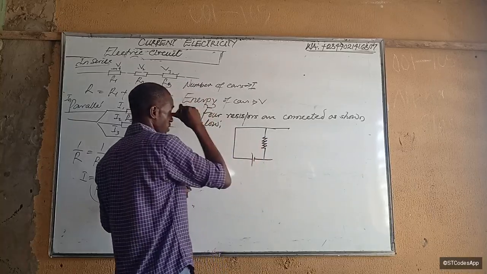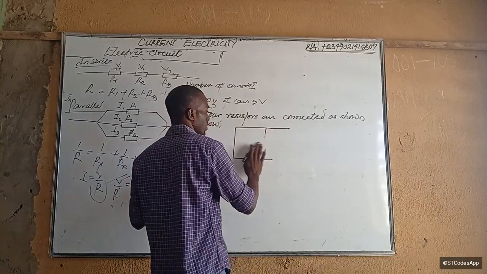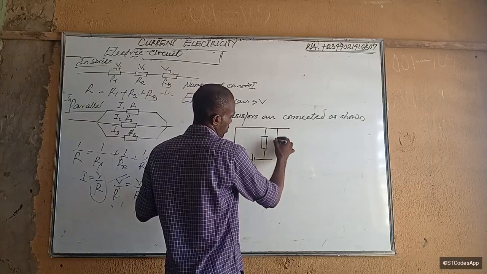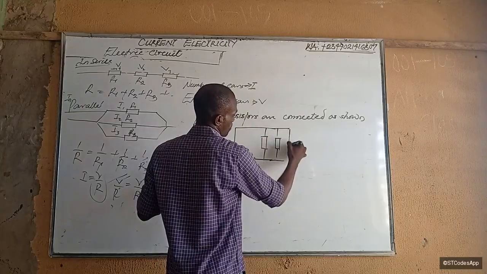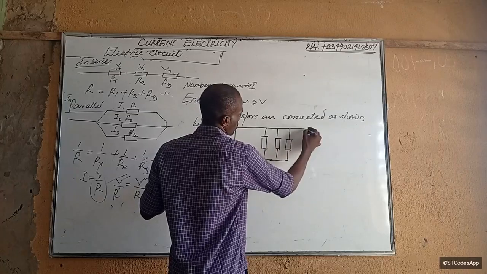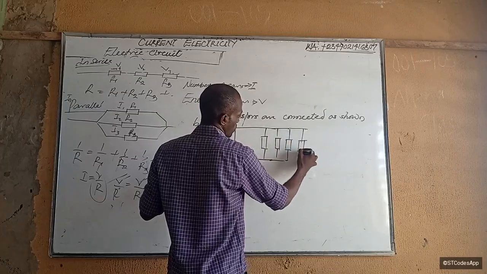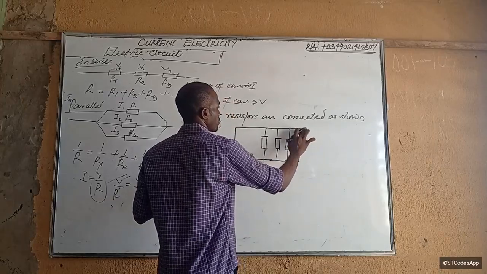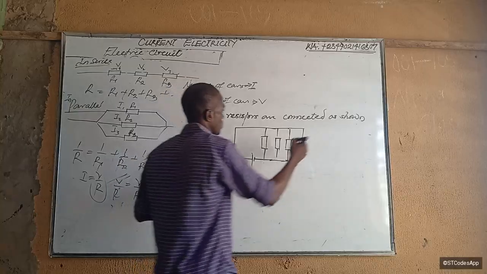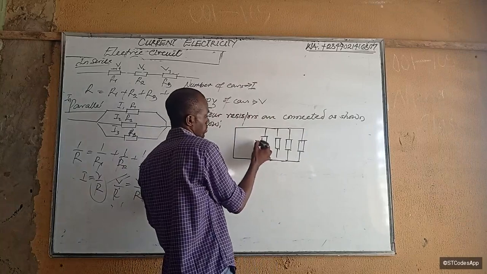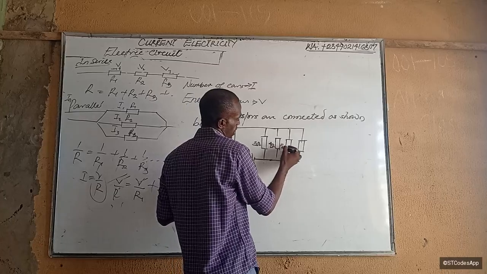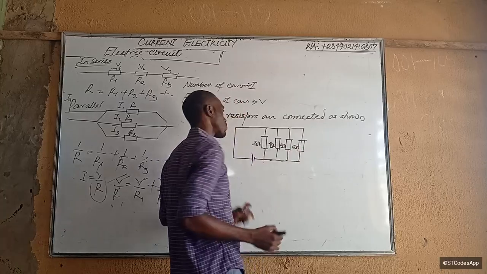This is still resistance, or let's do resistor rather. Let's use the box we have been using. This one is 3 ohms, this one 4 ohms, this one 5 ohms, this one 6 ohms.